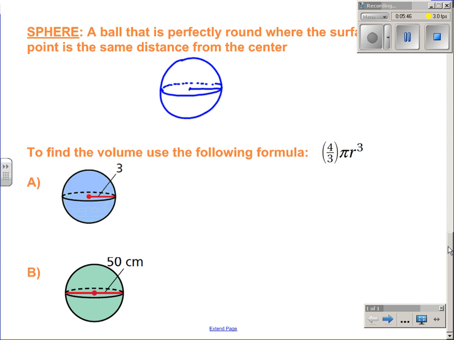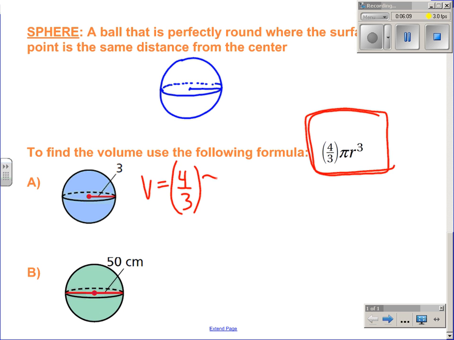So now we want to find the volume, how much space is inside of these spheres, and we actually have a different formula to give to you. So another formula that we need to memorize is 4/3 times pi times the radius cubed. All right, so let's go ahead and copy that down here. So the volume of a sphere is 4/3 times pi times the radius cubed. So here let's fill in 4/3.